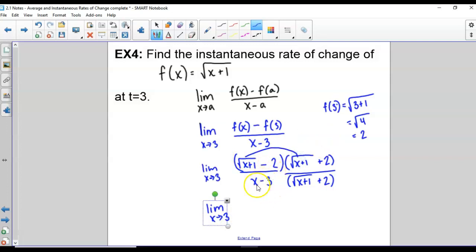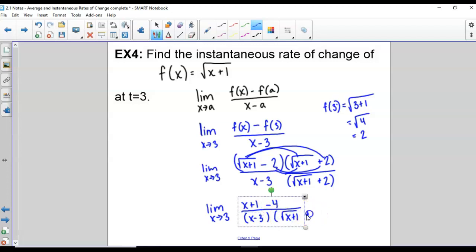Square root of x plus 1 times square root of x plus 1 is x plus 1. Then we'll have 2 square root of x plus 1 minus 2 square root of x plus 1, which cancels out, which is why we picked what we picked anyway. Then we'll have negative 2 times positive 2, and we'll get a minus 4, over x minus 3 times the square root of x plus 1 plus 2.